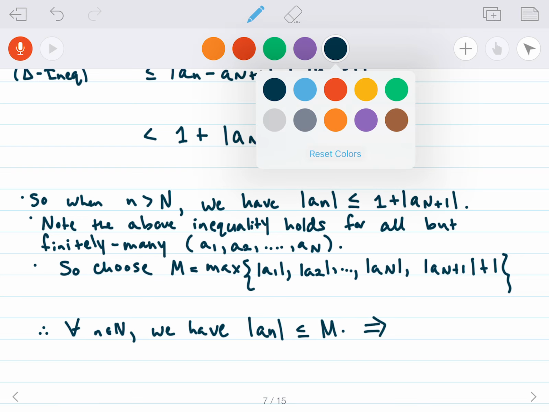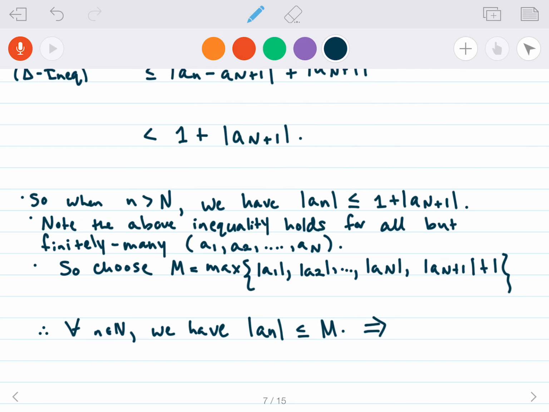And also, capital M is going to be strictly bigger than 0, because we have these absolute value bars here. So no issue there. So this means that a sub n is bounded. And that's the end of our proof.